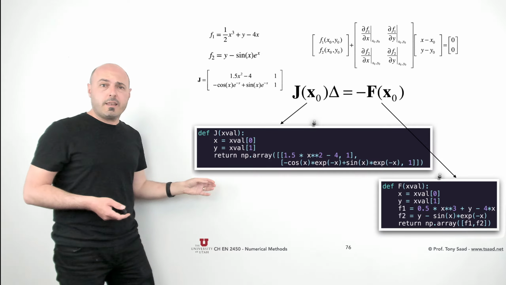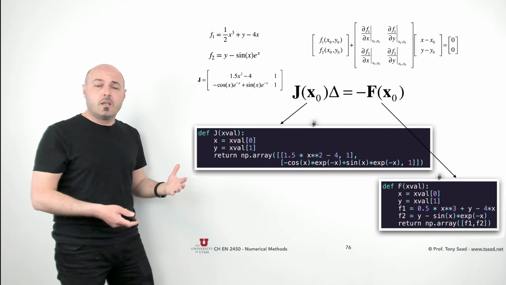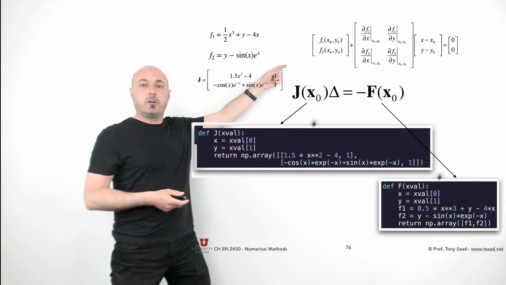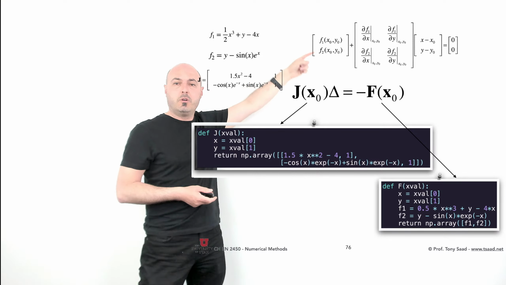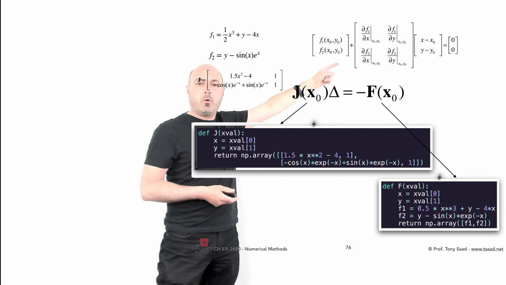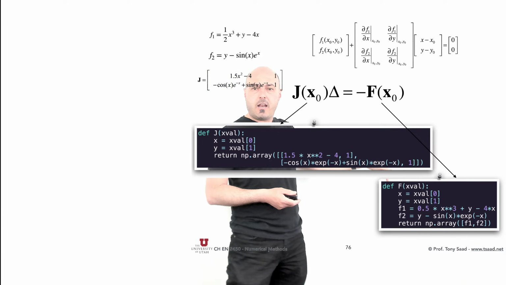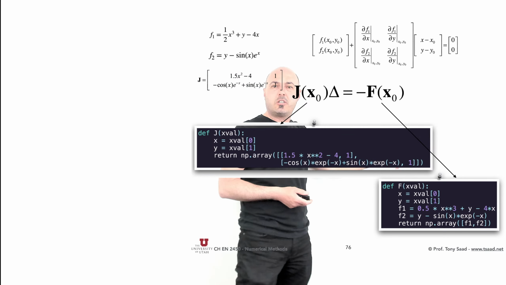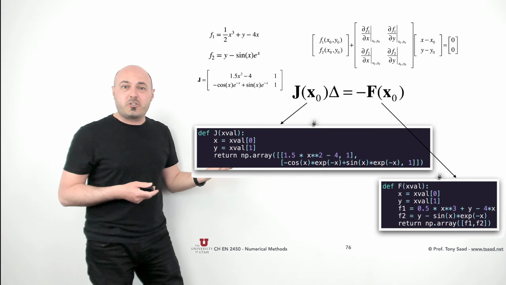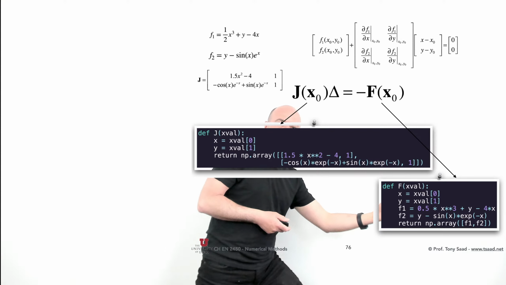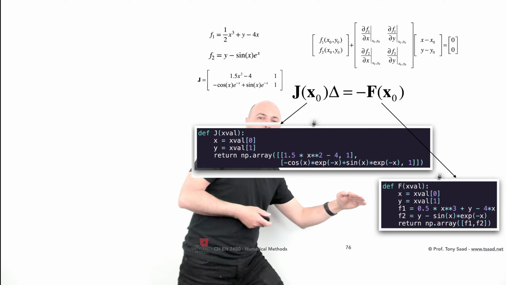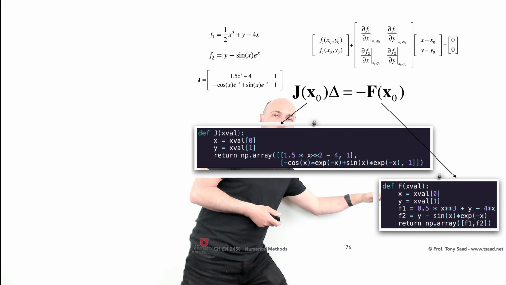Okay. Now for my vector of residual functions, this guy, f1 and f2, evaluated at x0, y0, or the kth iteration. Again, I pass the kth iteration to the function evaluation, so f at xval, and then I pull out x and y, just like I'm doing over here.